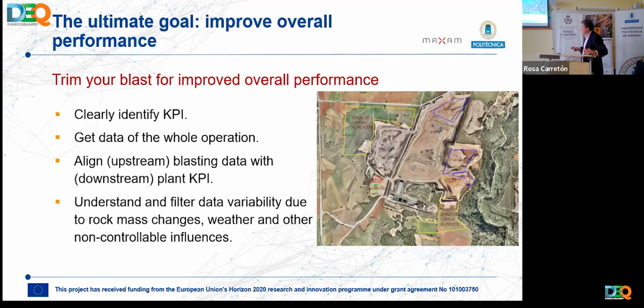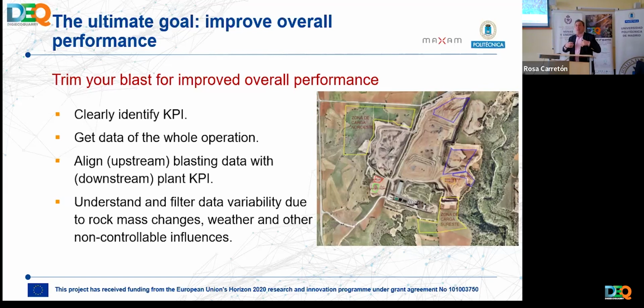Align blasting data with downstream. Normally, downstream is the plant. You could also have some KPI that are not really in the plant. For instance, maybe your mucking efficiency, how fast you muck, you load, you dig and load your muck pile, and you haul it to the plant. Okay, this could also be a KPI. What's the bucket fill factor?